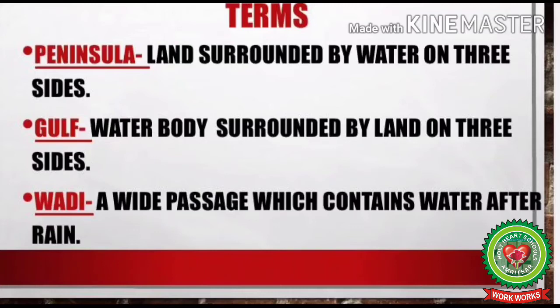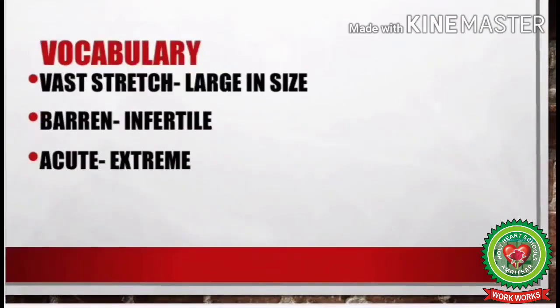Gulf: water body surrounded by land on three sides. Wadi: a wide passage which contains water after rain. A few difficult words that you will read today are vast stretch, large in size; barren, infertile; acute, extreme.